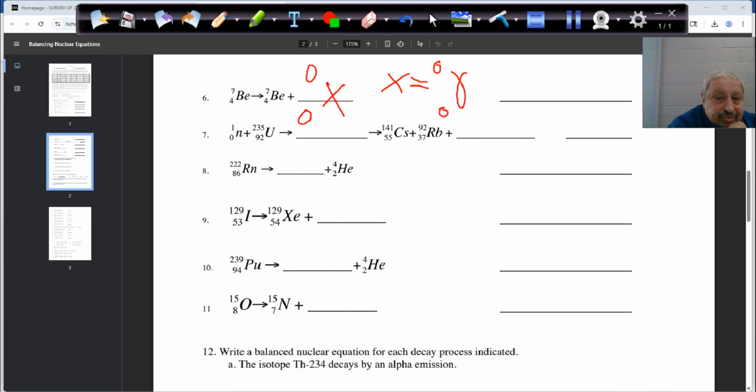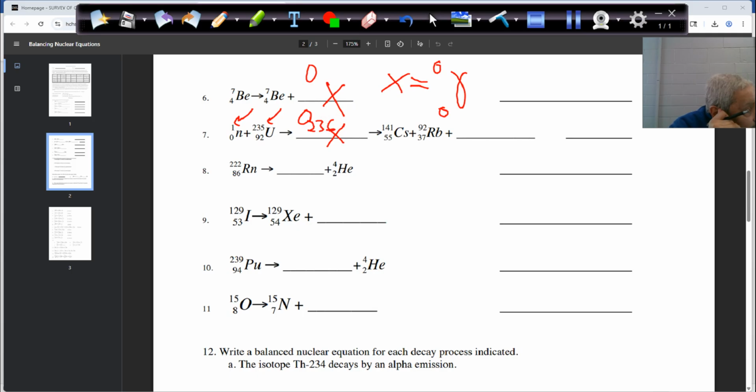What are you producing here? What's your X? Come on, guys. What's the atomic mass of your X here? This is 1, guys, correct? This is how much? 235. What will the atomic mass be? 2, 3, 6. Yes. You have to add those up.